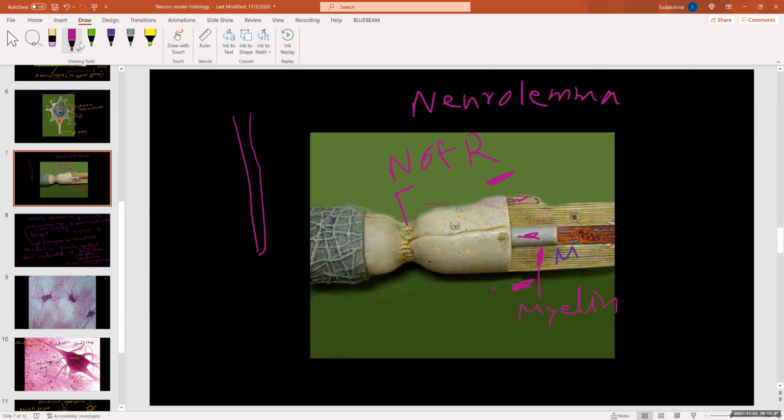So this outer coat there, this is what we call neurolemma. Basically, it's the cell membrane of the cell that's producing myelin. Okay.